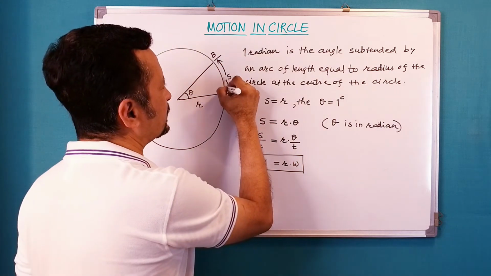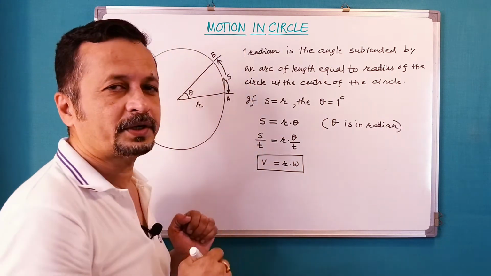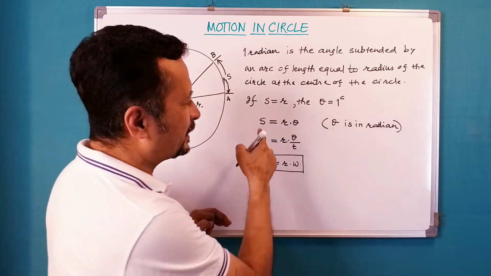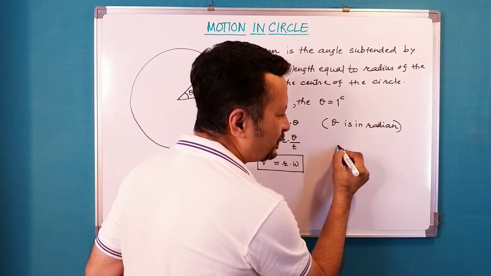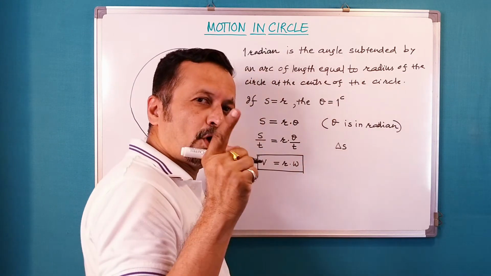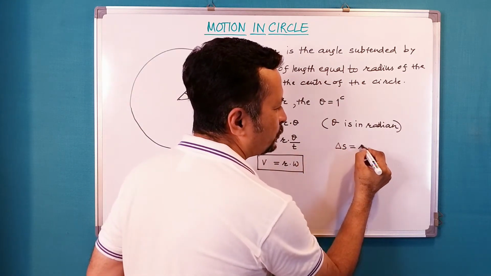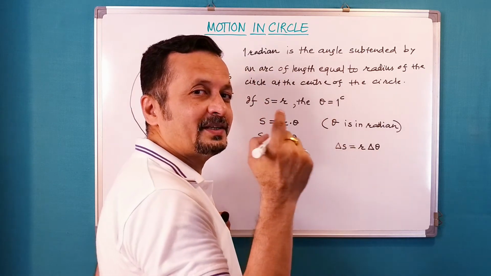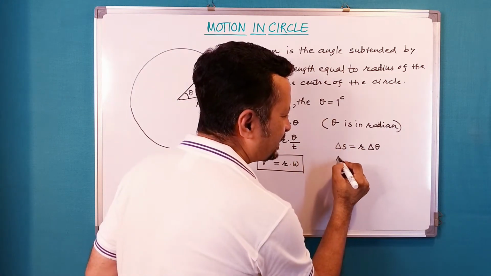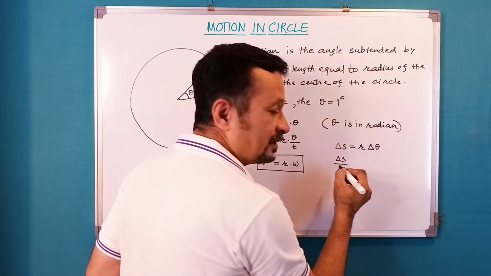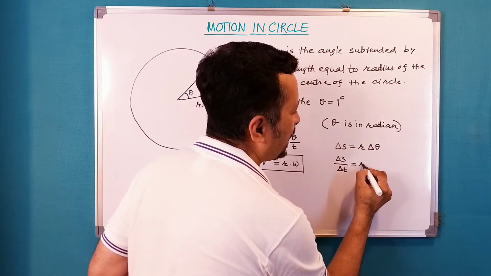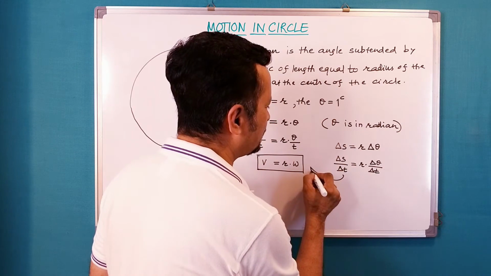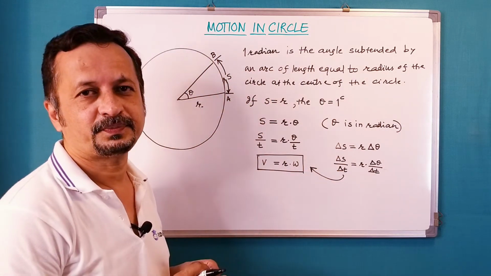So this velocity vector would be acting tangential over here. So when I write something like this, I should be writing delta S, small arc, would be equal to R multiplied by small theta, that is delta theta, and then delta S by delta t, small time interval again, so that would be R into delta theta upon delta t, and that comes to the same expression here.